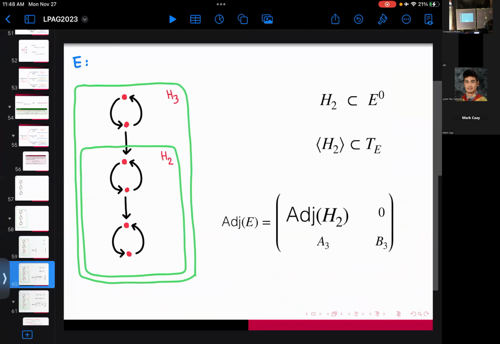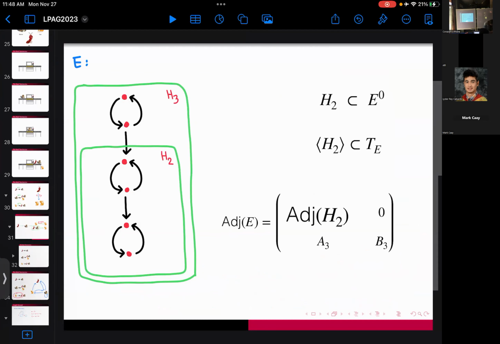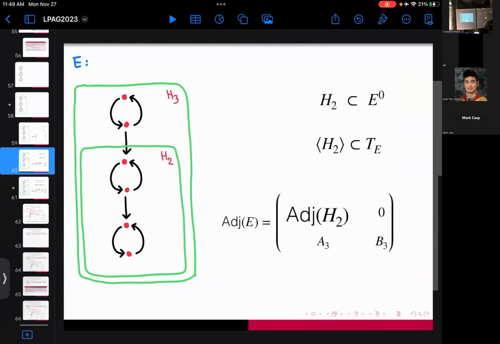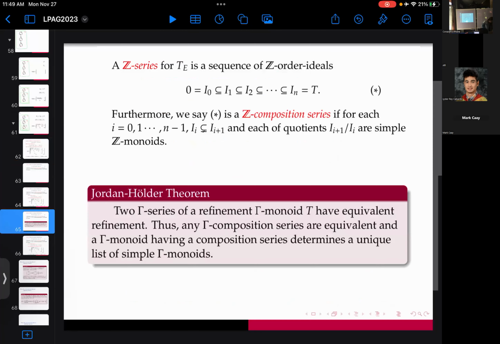Yeah, I think so. Because you're essentially applying this Jordan-Hölder theorem for hereditary ideals, right? And then applying that to the monoid for the Jordan-Hölder theorem. Yes. So in this case, since we know the Galois correspondence between these ideals and the monoid, how would we ensure that we will get simple quotients on the adjacency matrix?